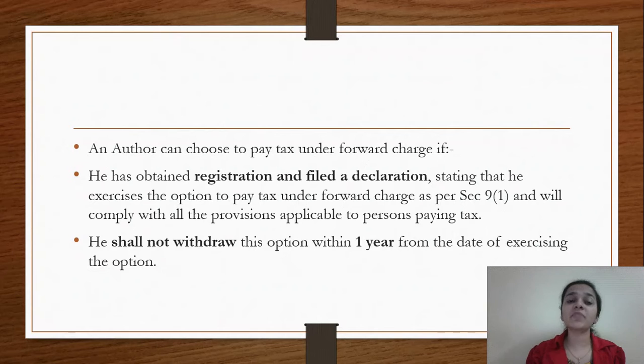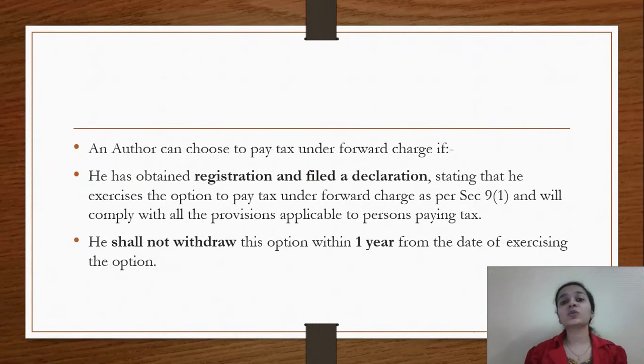From now on, up to 1 year he cannot withdraw this option. मतलब अभी 1 साल तक he cannot say that अभी मुझे forward charge पे pay नहीं करना है, I want to pay under reverse charge only, or rather I want the service to be covered under reverse charge only as it was previously covered. No, he cannot do that. If he is exercising this option, he shall not withdraw the option within 1 year from the date of exercising the option.